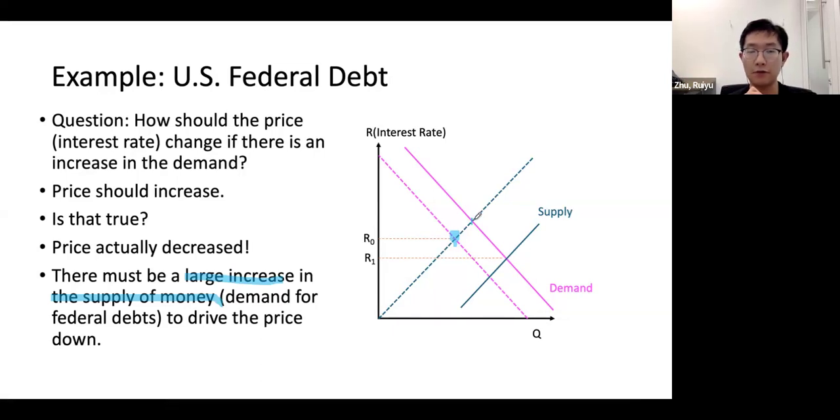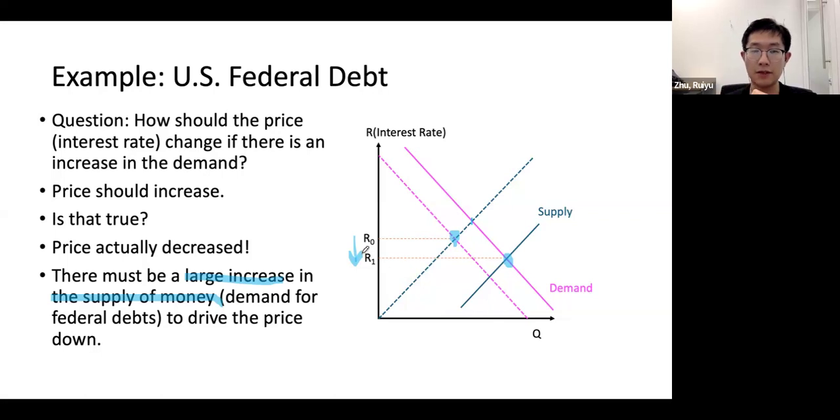But if we experience an increase in the supply side at the same time, which means the supply curve shifts to the right, we will have a new equilibrium here. And if the change in supply is large enough, we actually can see a decrease in price, right? So that's our rationalization of these facts.